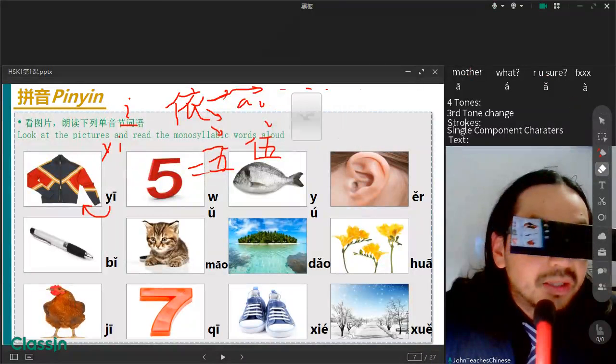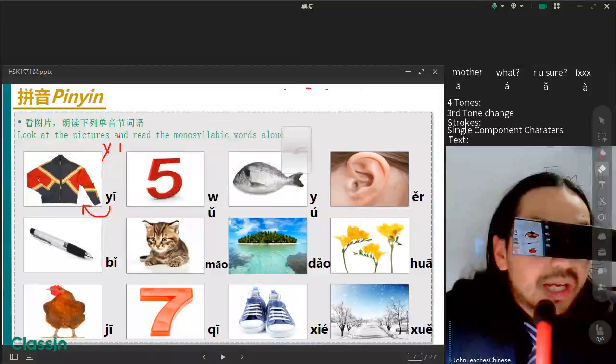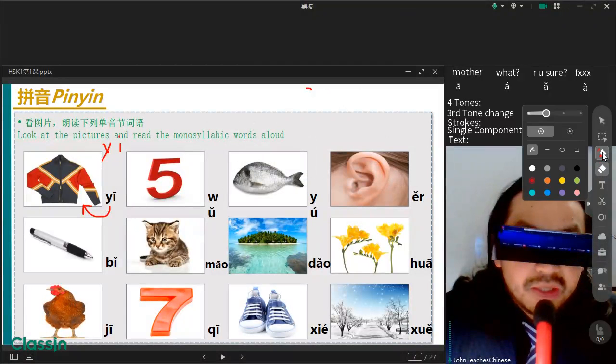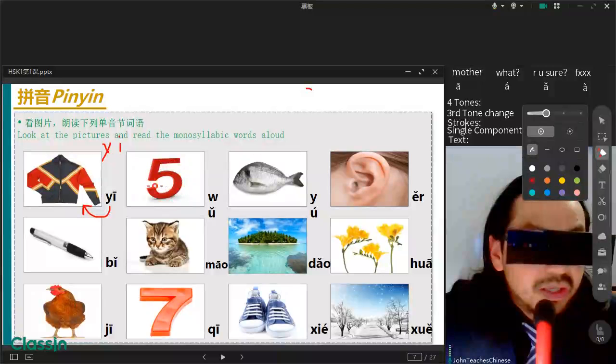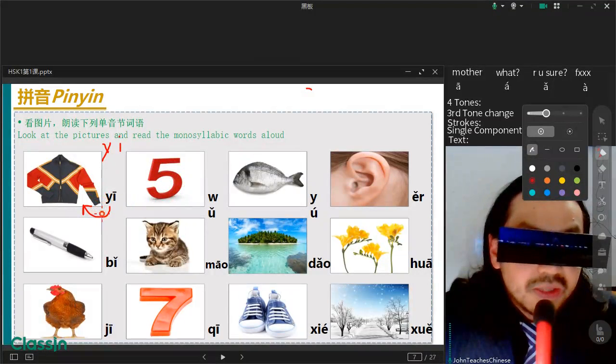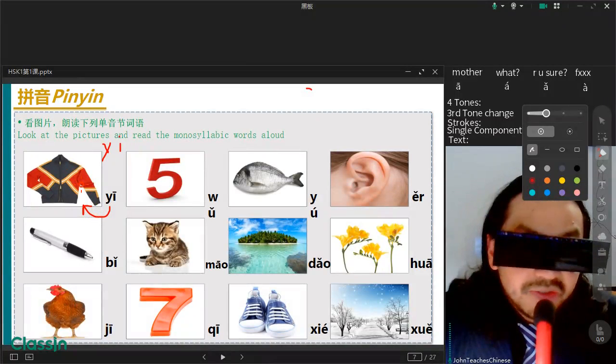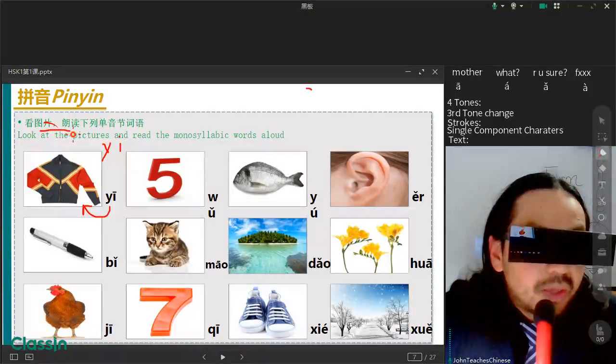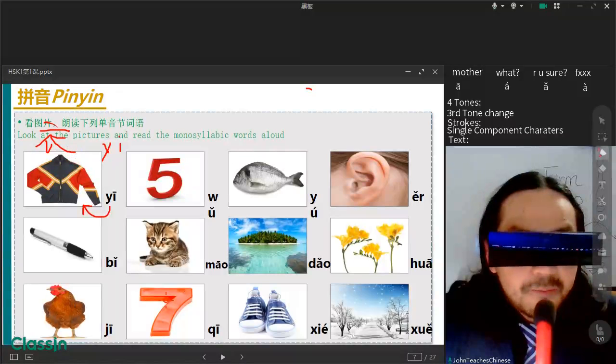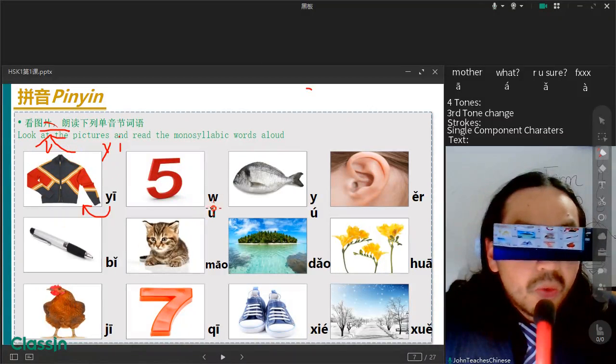We go back. So what I mean is I will not give explanation later. I will just give the meaning and how to write the character matching the given picture. Okay, so we write this one in this way. Yi, wu.